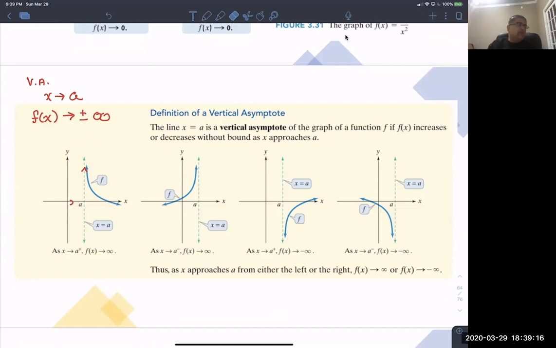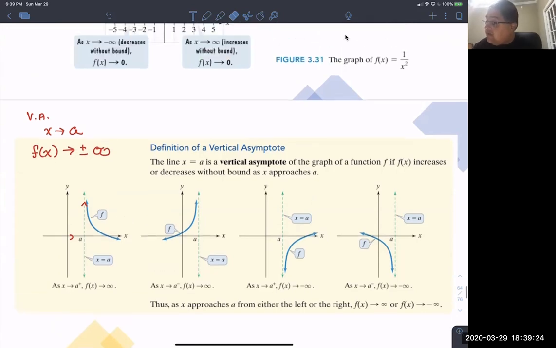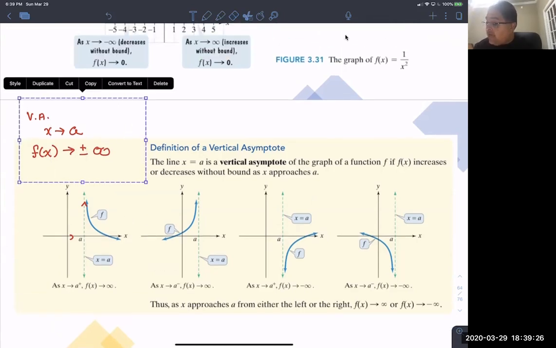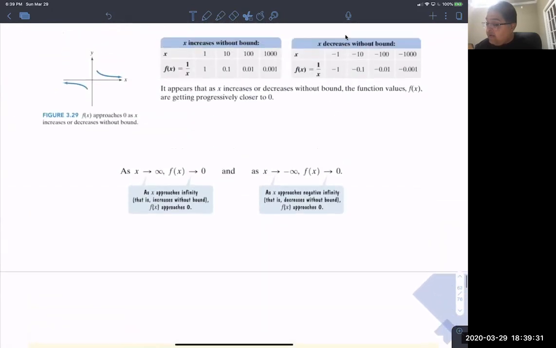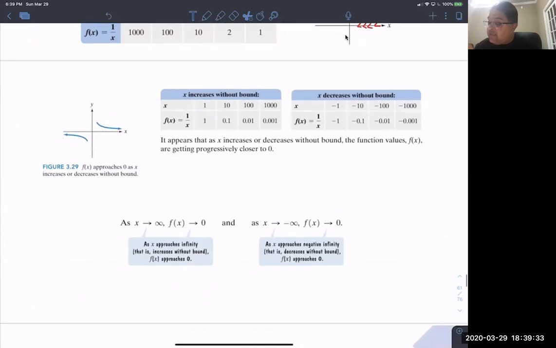All right. Now, we have another type of asymptote in mathematics, and it's known as a horizontal asymptote. Now, let's go back to my f of x equals 1 over x example.